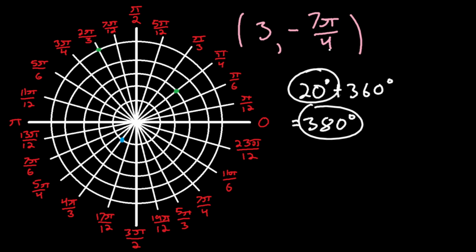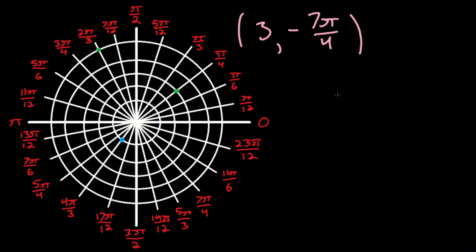So if you add 360 degrees or 2 pi radians onto this, you really get the same angle. So let's go ahead and add 2 pi radians onto this. The radius is the same, 3, and we had negative 7 pi over 4. If we add 2 pi onto negative 7 pi over 4, we would get pi over 4.